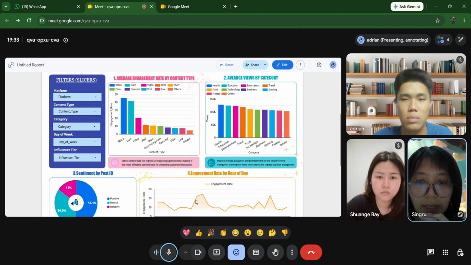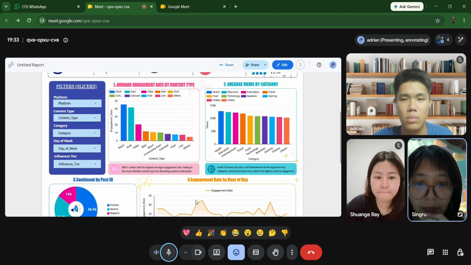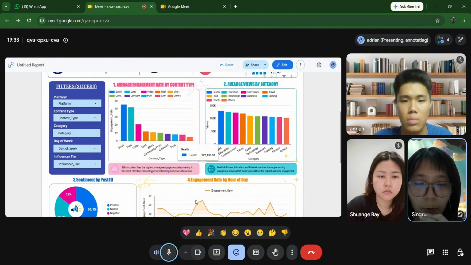Okay, so the second chart is average views by category. This chart shows which content category received the highest audience engagement. From our dashboard, the top categories are health and fitness, education, and entertainment. This means the audience is more interested in content that is useful, informative, or entertaining.